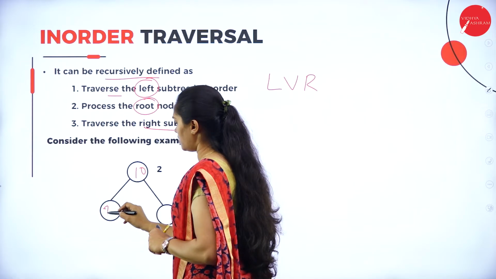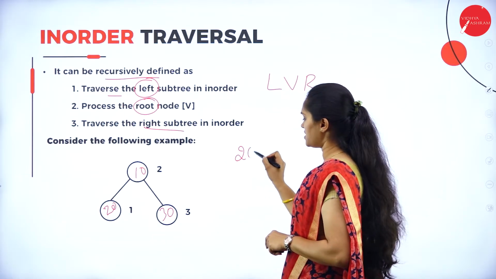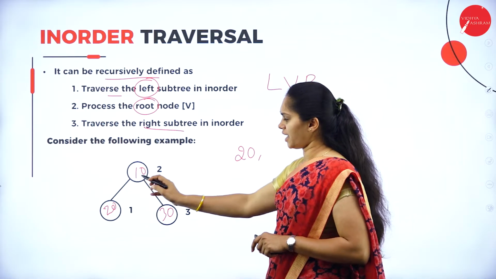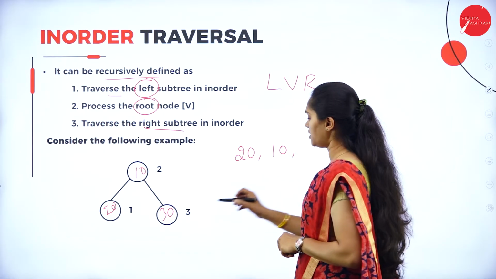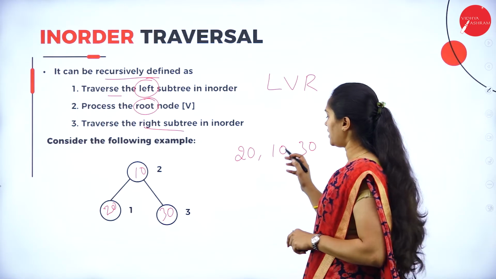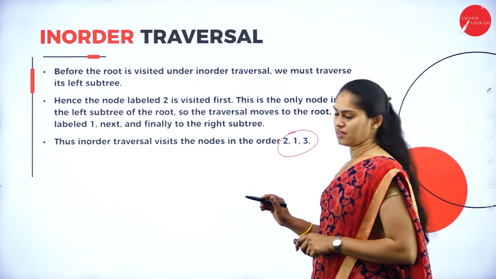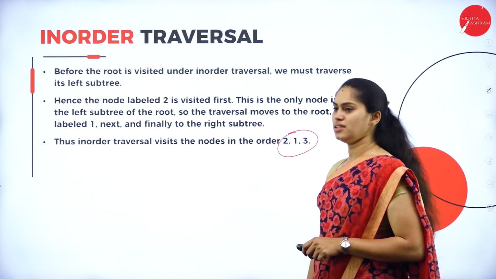Let me consider 10, 20, 30 again. For the left subtree, first I visit the node 20, then I come to the root node, 10, and then to the right subtree, 30: 20, 10, 30. Here also you can see the order 2, 1, 3. That is in-order traversal.